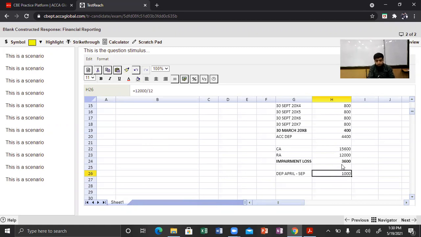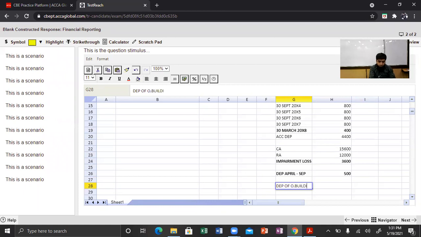But the depreciation for 6 months should be charged, that is multiplied by 6 and divided by 12. So the depreciation from April to September would be $500. It means the first 6 months depreciation is 400, and the next 6 months depreciation is 500.